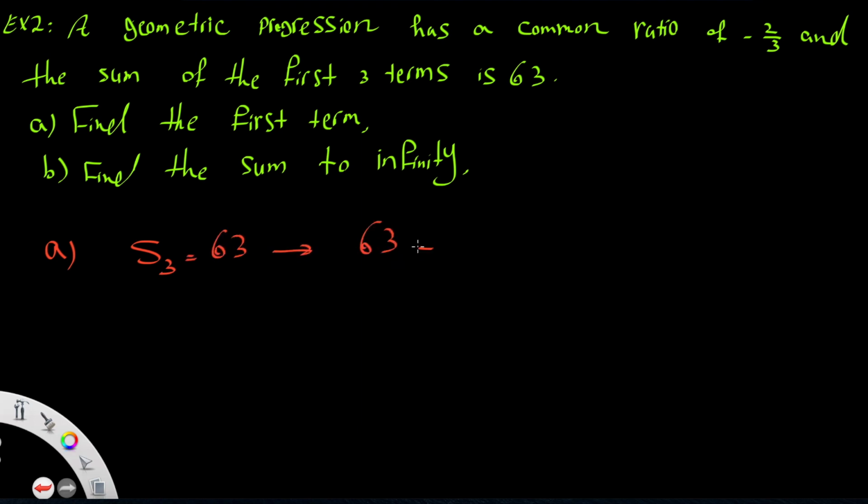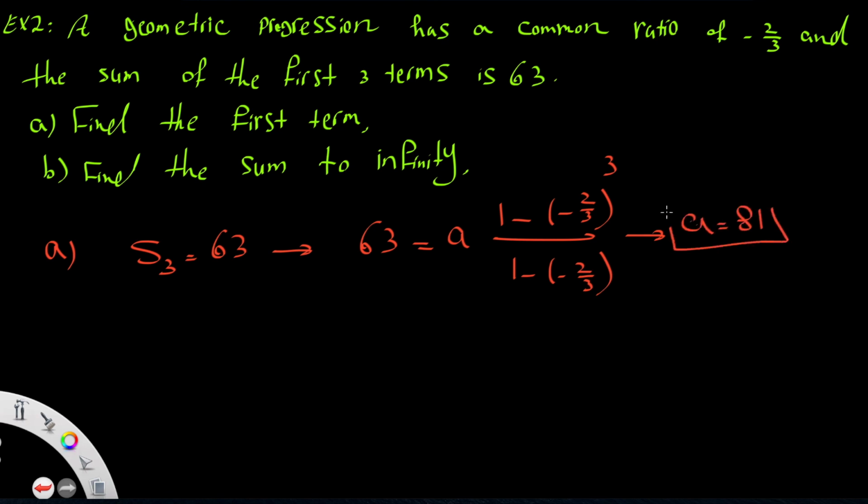Now 63, which is S3, is a times 1 minus negative 2/3 to the power of 3, over 1 minus negative 2/3. After simplifying and doing cross multiplication, a will be 81.